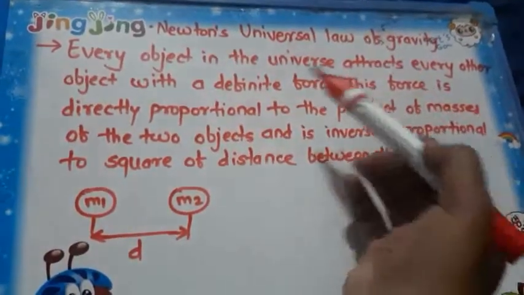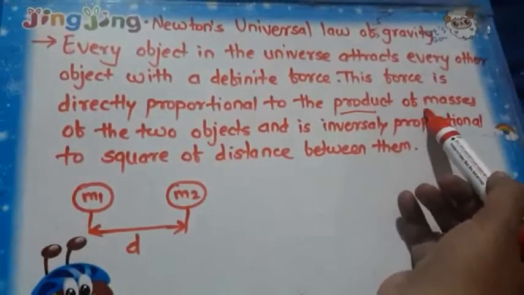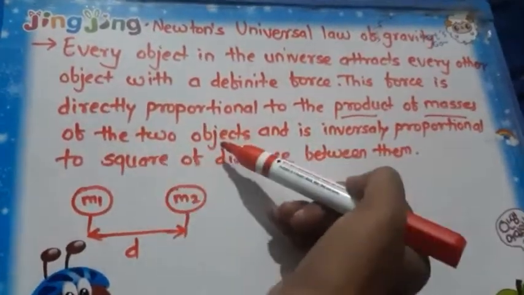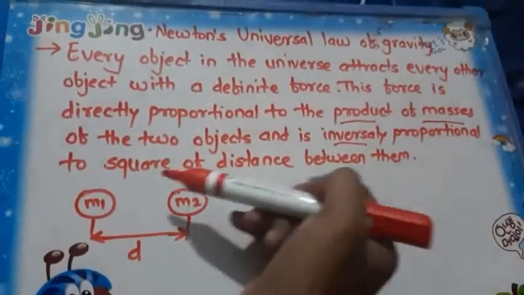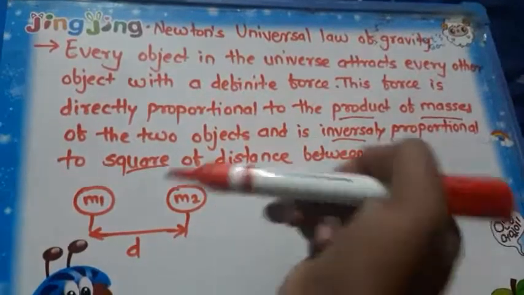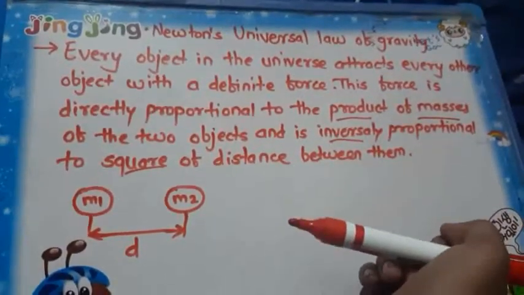This force is directly proportional to the product of masses of the two objects and is inversely proportional to the square of the distance between them. How to write this law mathematically we will see.